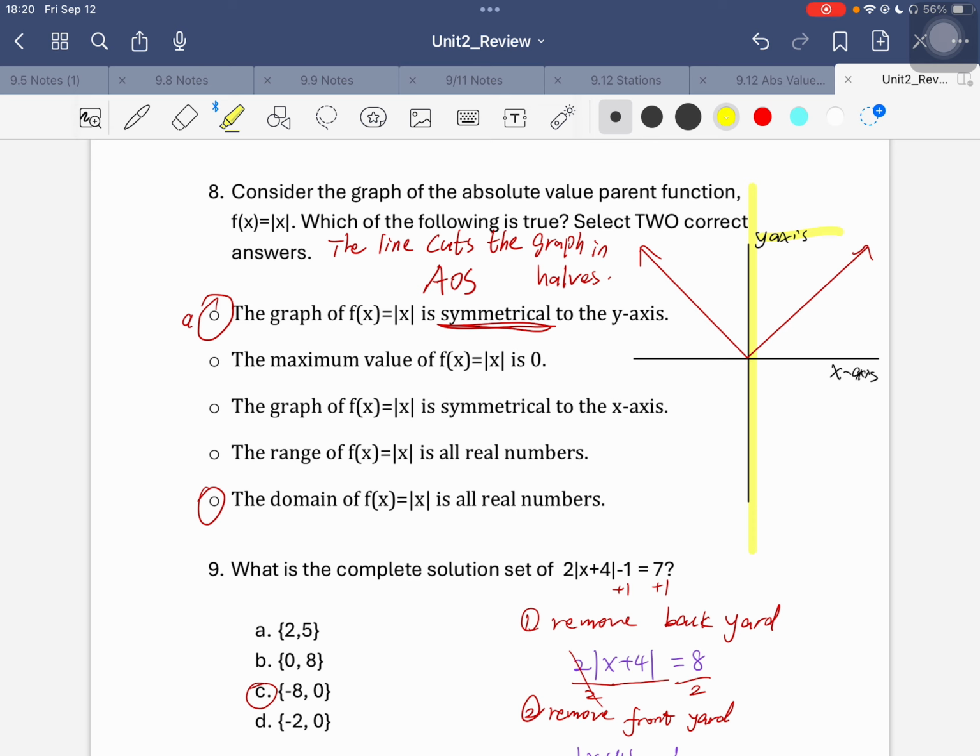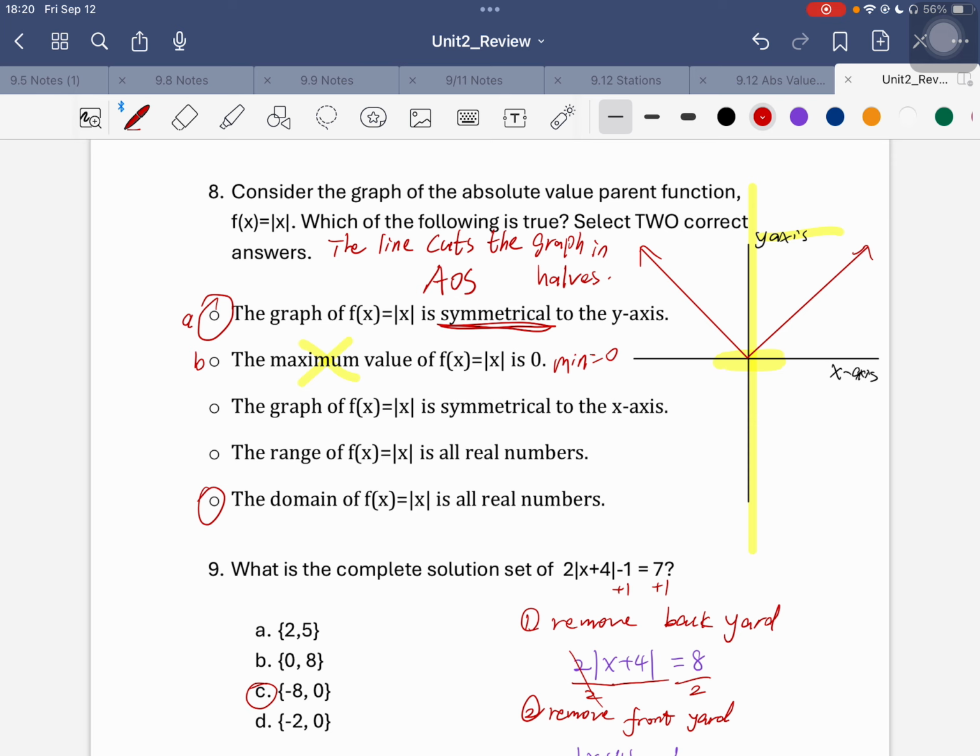Now, answer choice B. The maximum value of the parent function is 0. I can tell you this parent function doesn't have a maximum because the biggest range is infinity. It goes on and on. It only has a minimum of 0. So I don't have a maximum value, I only have a minimum.